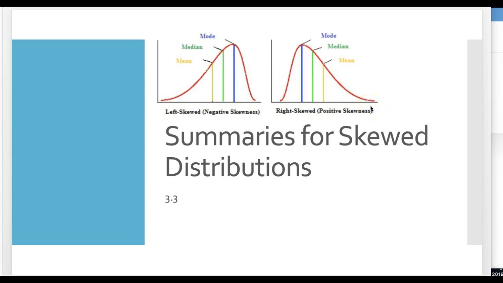And so what this is kind of hinting to us is that the mean could be a misleading measure of typical value or center when the distribution is skewed. Okay, so if the mean is not a good measurement, then that means also the standard deviation will not be a very good measurement for the variation.